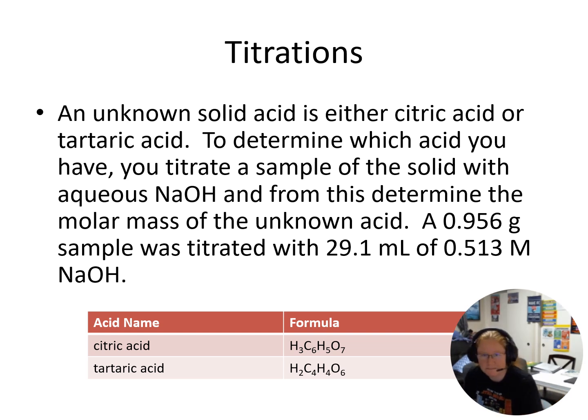All right. Now, here's a puzzle. We have an unknown acid. It could be tartaric acid or it could be citric acid. We do a titration and we want to figure out what is the identity of the acid. When I look at these, citric acid is triprotic and tartaric acid is diprotic.